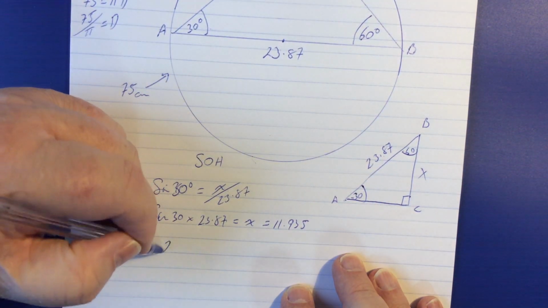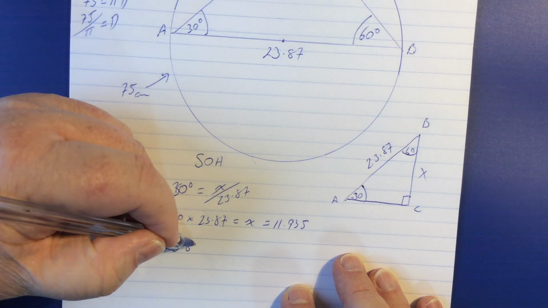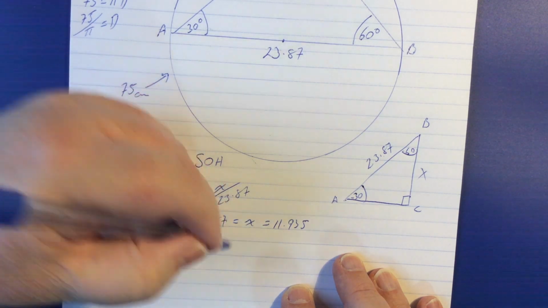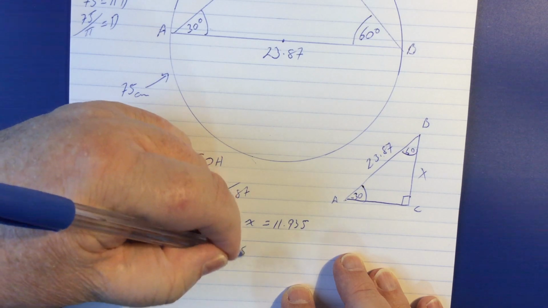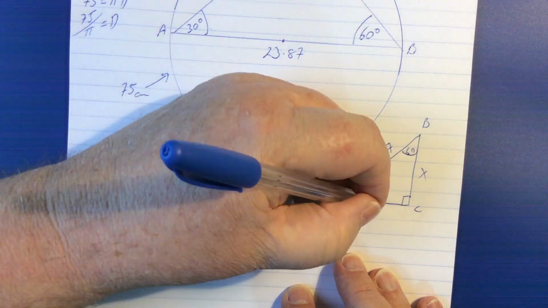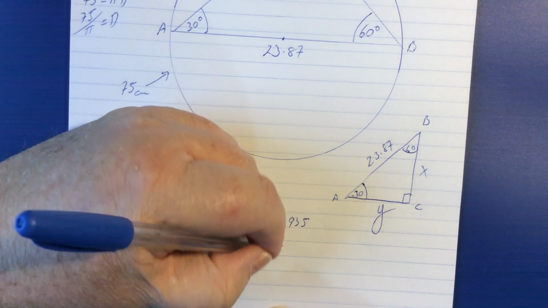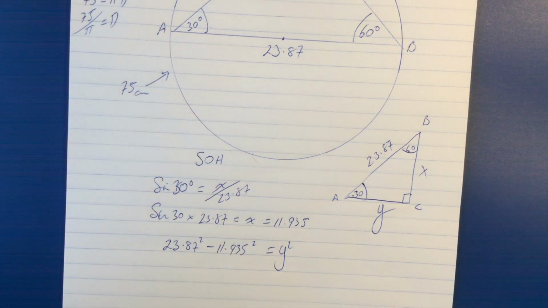Now, a bit of Pythagoras. 23.87 squared minus 11.935 squared is going to equal that, y squared. Right, let's go to work. 23.87 squared minus 11.935 squared gives us 427 and some change.